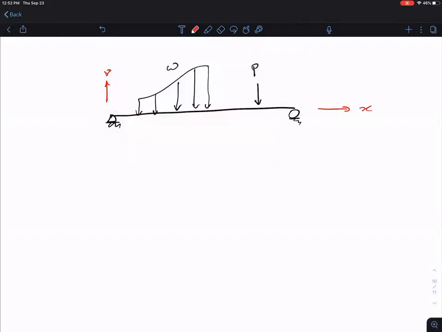So we can look at the deflected shape, and this is going to cause some internal deformations as well as shear forces and bending moments. However, if the length of the beam is much greater than the cross-sectional dimensions, then most of the deformation is actually going to come from bending. And this is the case that we'll consider, right? So we're only considering the deformations that are due to bending.